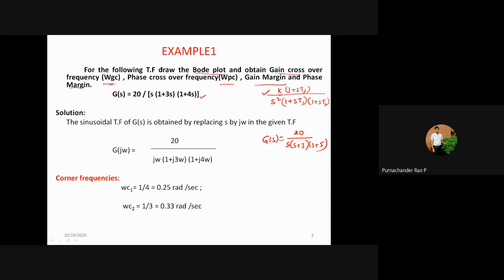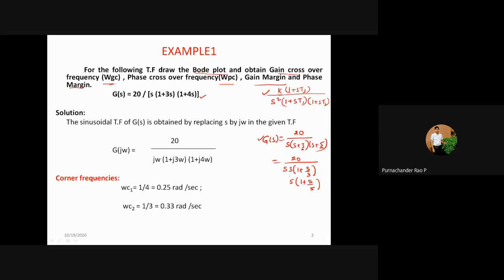So here the problem is directly given in this format, but in case the problem is given in the G of s format, we need to convert this into 1 plus sT something. So here 3 we need to take common, so 3 into 1 plus s by 3. Here we need to take 5 common, so this is going to be s by 5.